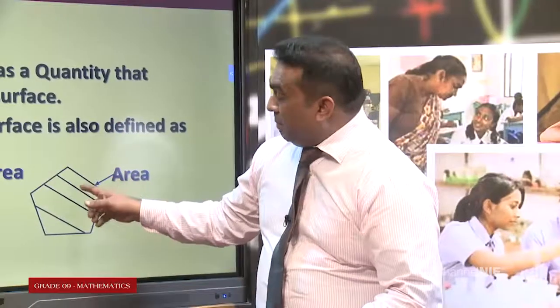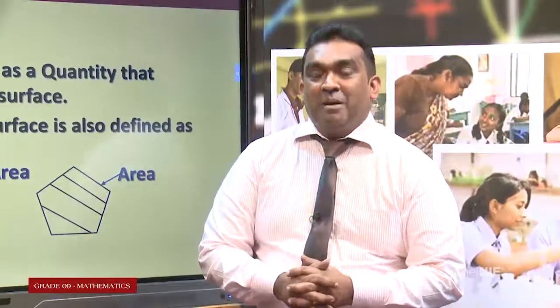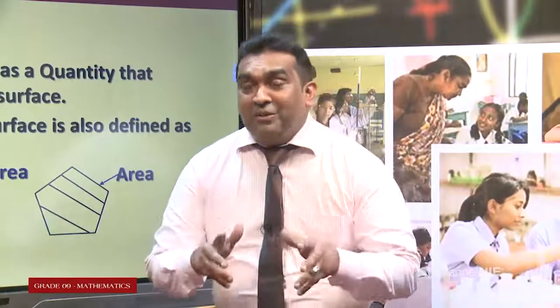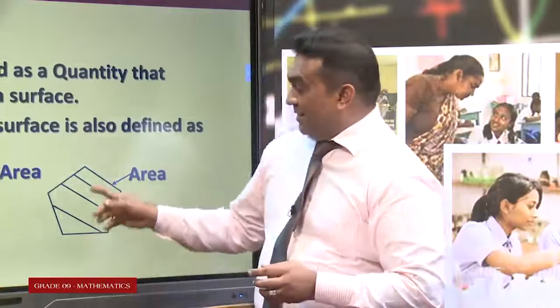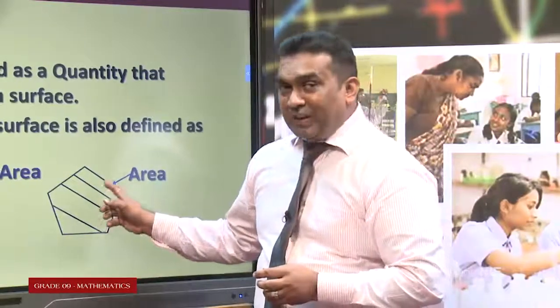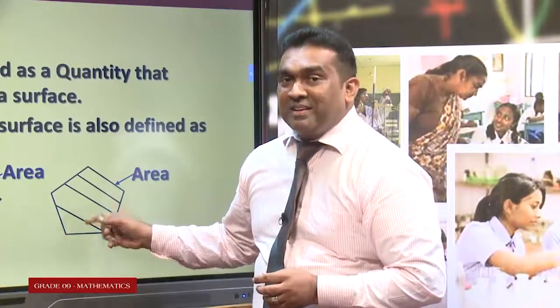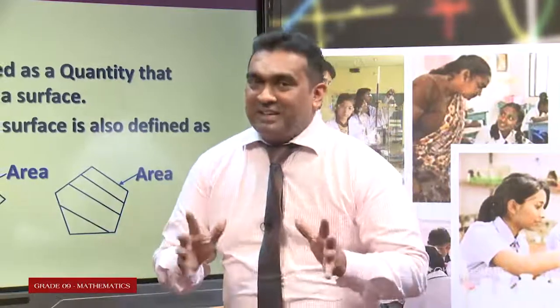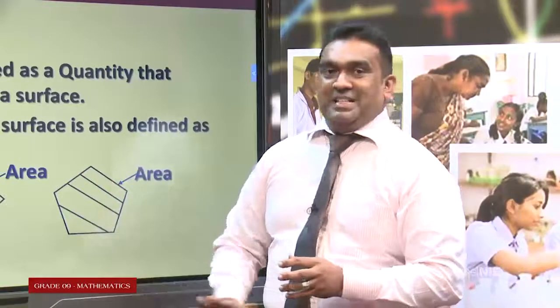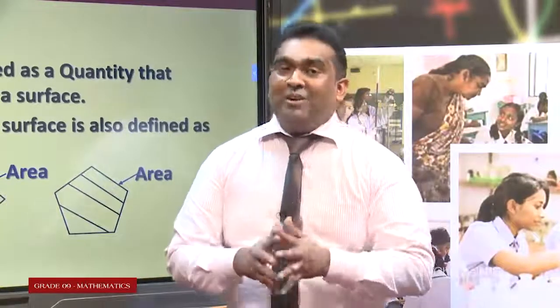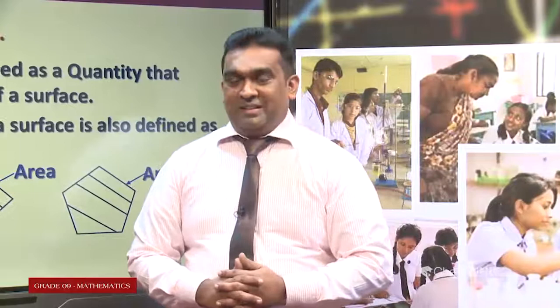Here you can see a plane figure bounded by 5 straight line segments. This is a polygon with 5 sides. This is a pentagon. The space taken by the surface is called the area of the pentagon.